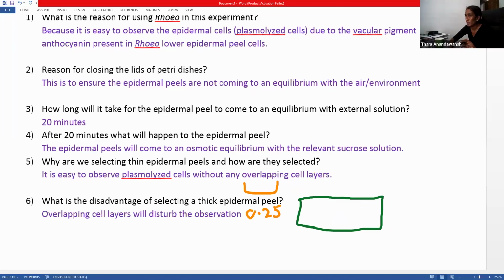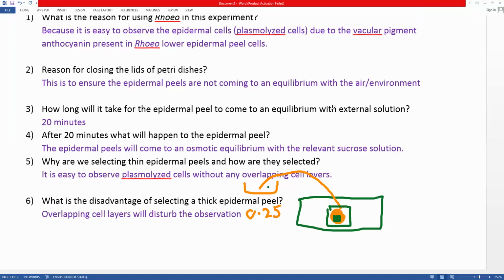You'll be placing it on the slide, and you'll be selecting the epidermal peel from the same solution, and you'll be keeping it on top of the sucrose solution droplet, not water, and then you'll be closing it with a cover slip. Up to that, okay? Okay, teacher. Then you are going to remove the excess water using a blotting paper.